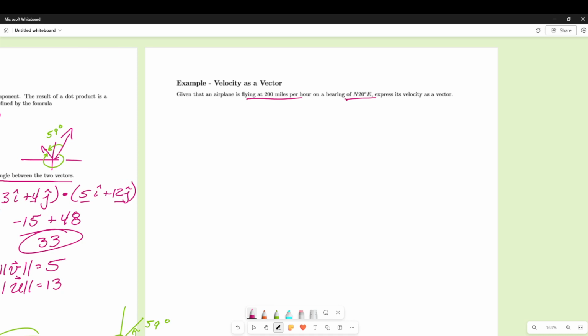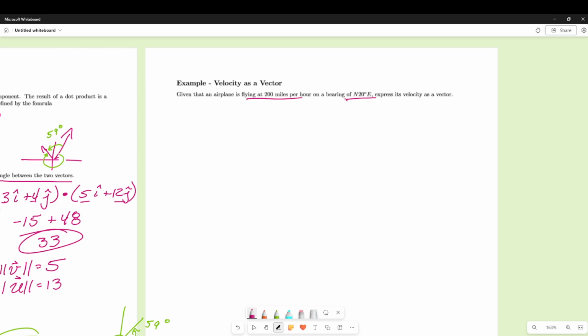And if everything was pointed in the same direction, or opposite directions, you'd just be adding or subtracting. You're going 200 miles an hour, and you got a 50 mile an hour tailwind, you're going to be going 250 miles an hour. Great. If you've got a 200 mile an hour plane and you're getting a 50 mile an hour headwind, then you're going to be going 150 miles an hour with respect to the ground.